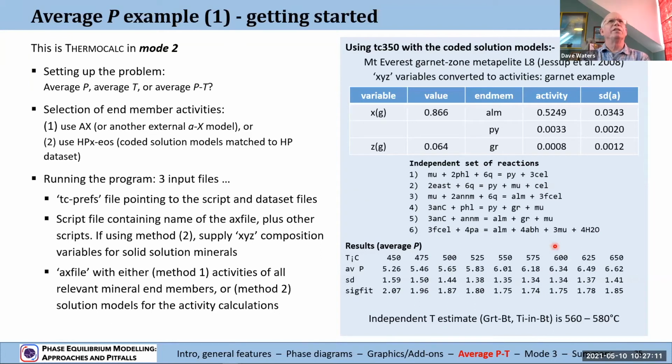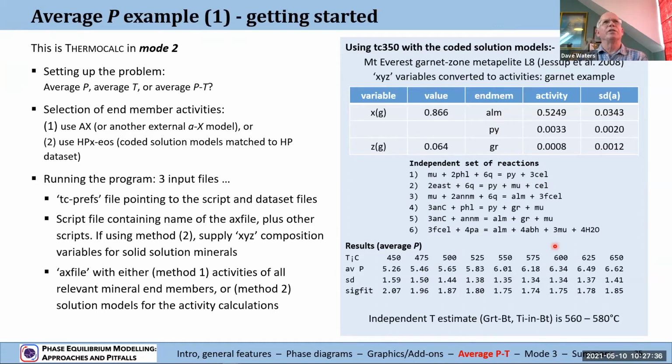So average PT is Thermocalc in mode 2. And the way you set up the problem here is to supply activities of end members for the phases that you're interested in calculating in that assemblage of yours. And obviously there are two ways of doing that.